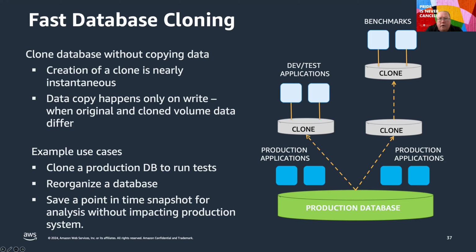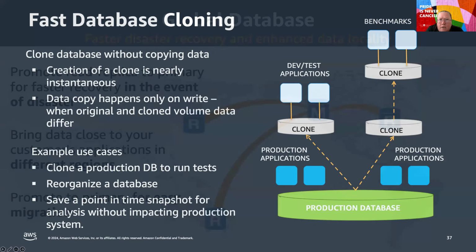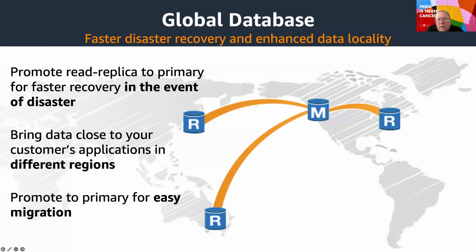Then we have a couple of more things, and then we are at the end of the Aurora part. And one is global database. So global database is a very specific use case, and keep in mind, most likely you will not see this too often. But we talked about database replicas when it comes to Amazon Aurora. So you can have, to primary, 15 read replicas.